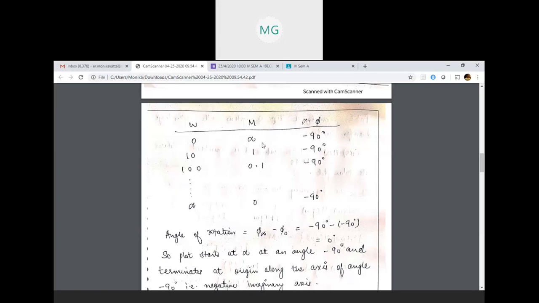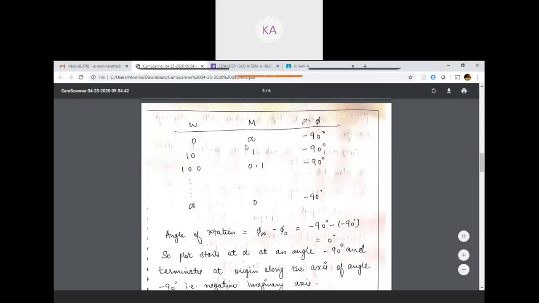It will start from infinity. Kuldeep, it will start from infinity.